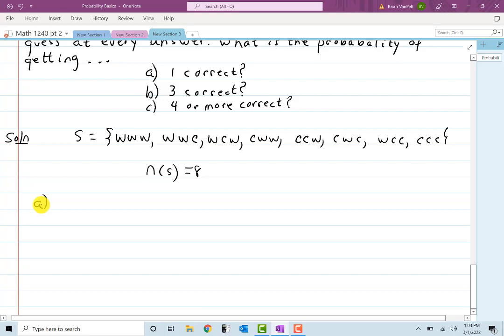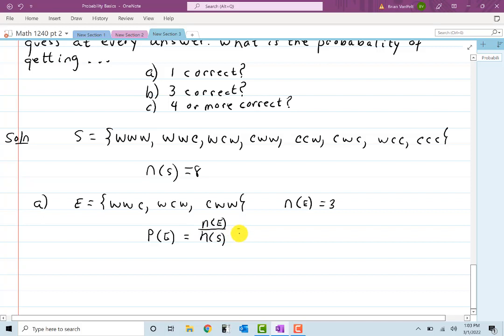For part 1, to get 1 correct, our event has to look like the places where you have just 1 C. So it's these 3 right in here: WWC, WCW, or CWW. And then the size of E equals 3, so the probability of this E occurring is N of E over N of S, and so that's 3 out of 8.